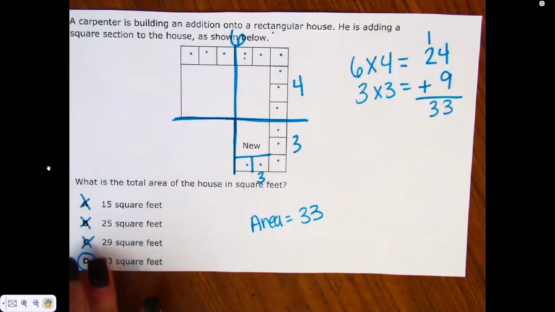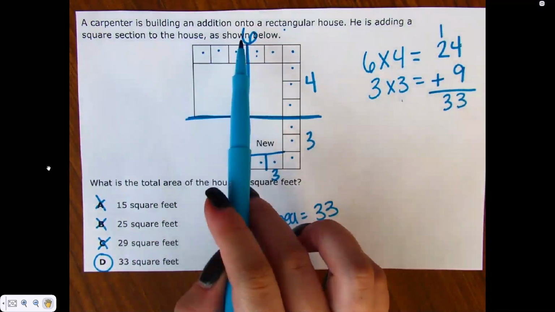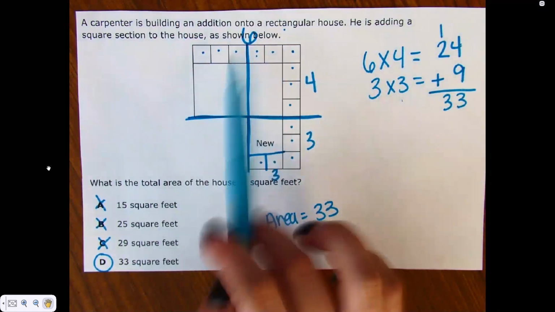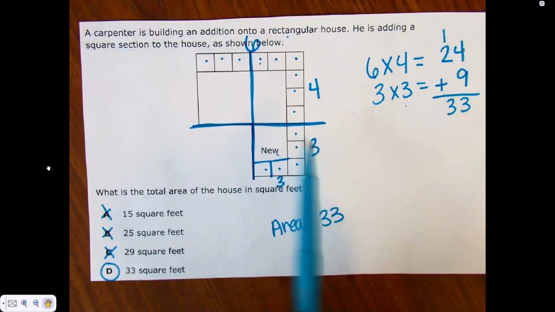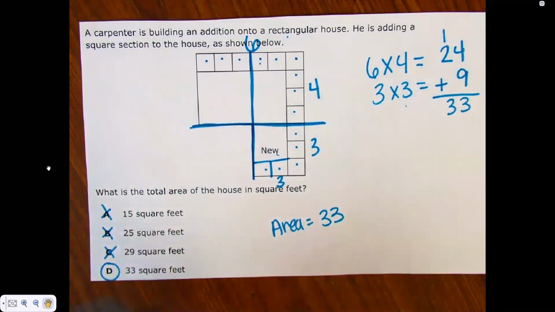Awesome. Okay. So you're going to make sure that you multiply both sides, not multiply them together, but you're going to multiply 6 times 4. You're going to multiply square 1. Then you're going to multiply square 2. Then you're going to add them together. So look.